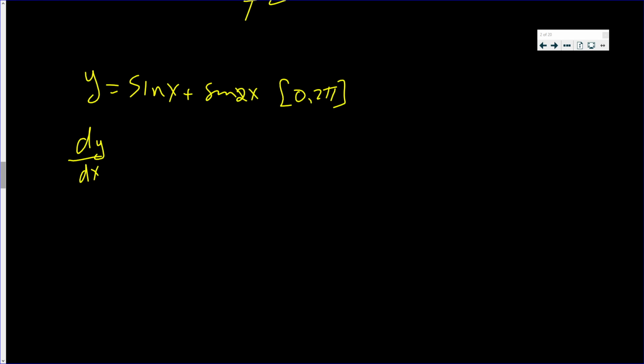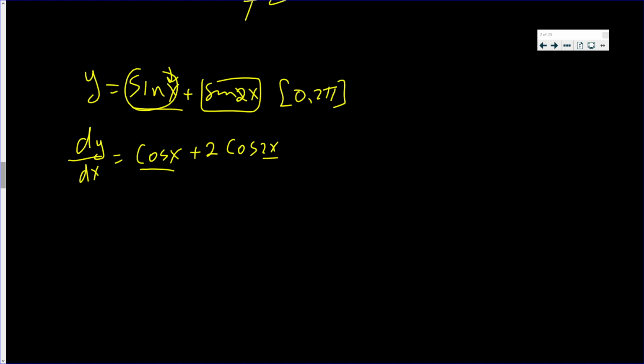Dy dx is equal to the derivative of sine x, which is cosine x, plus the derivative of sine of any angle, which is cosine of that same angle times the derivative of the angle, which is 2. For the record, I could have said that here. The derivative of sine of any angle is the cosine of the angle times the derivative of the angle, which is 1. So either way, I get cosine x plus 2 cosine twice x. And there is your dy dx.